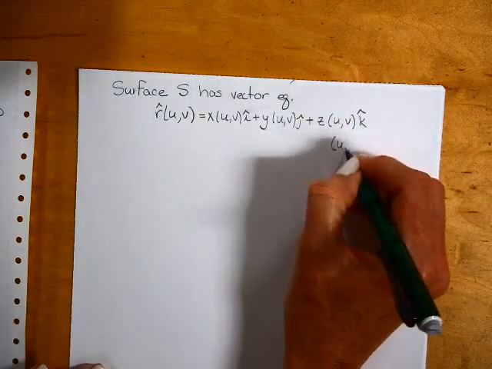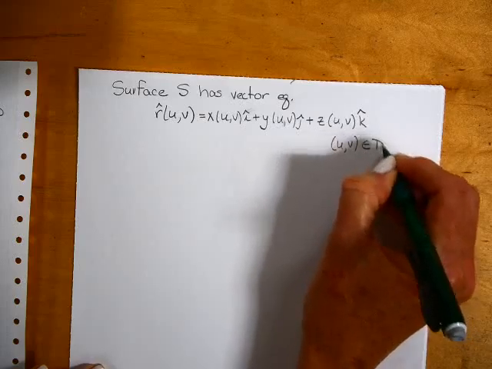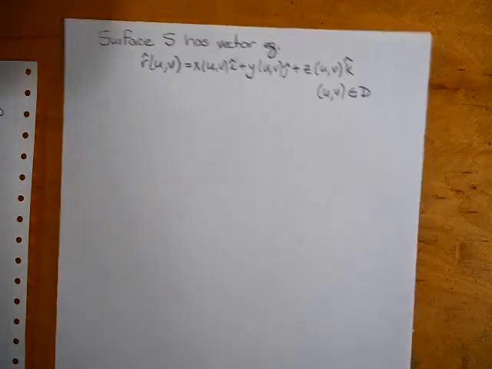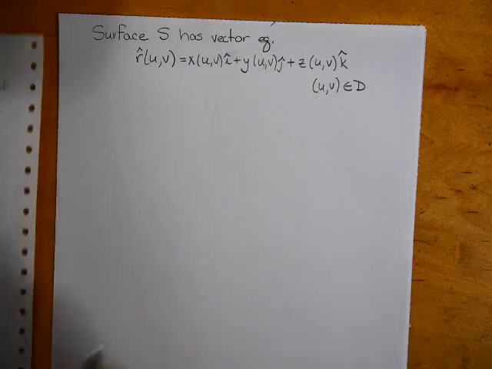And the ordered pairs u and v are in a region D. All right, the surface has this vector equation.